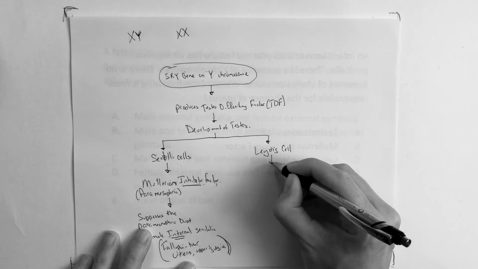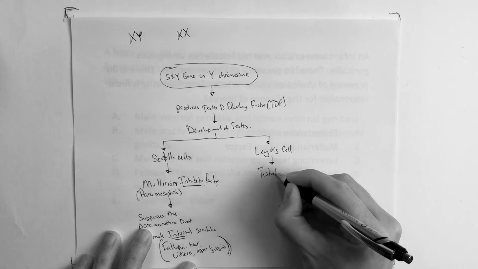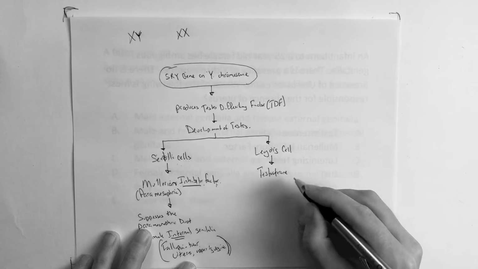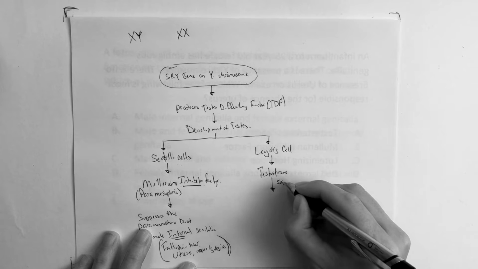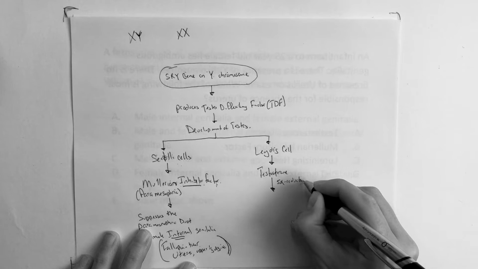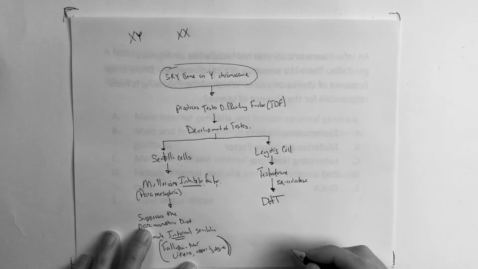And then over here, you're going to have the Leydig cells. Now, they're going to produce testosterone. And then testosterone, in the presence of 5-alpha reductase, is going to make a more potent version, DHT.